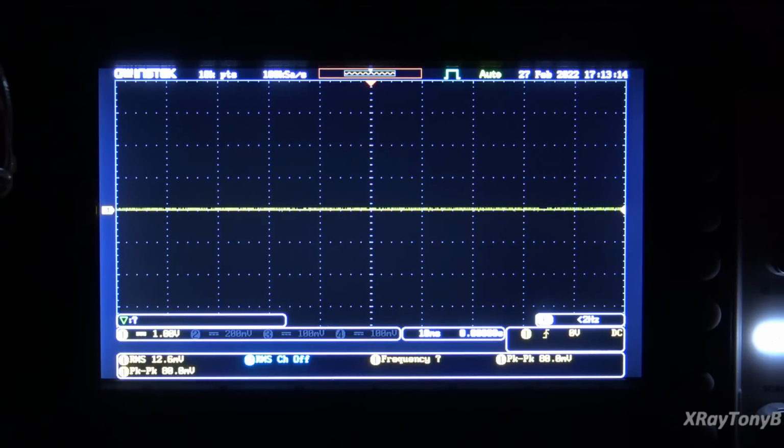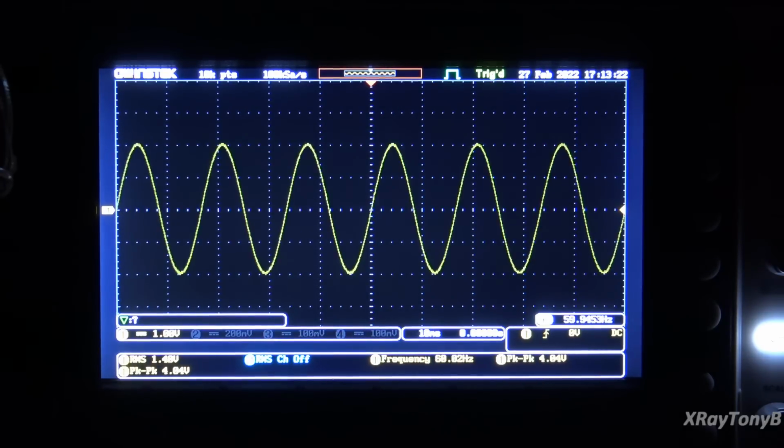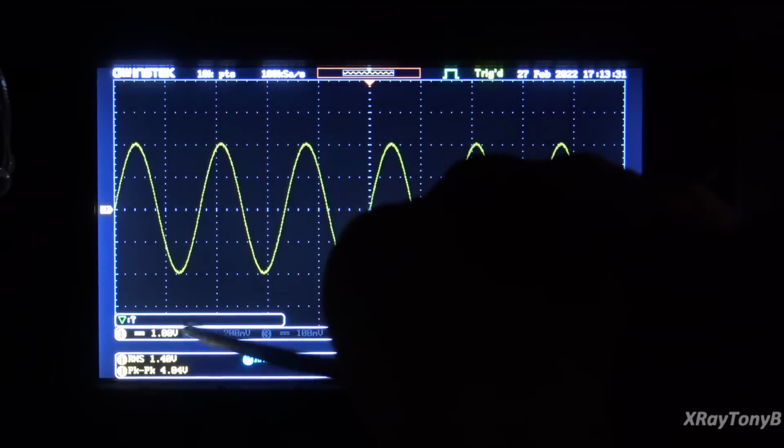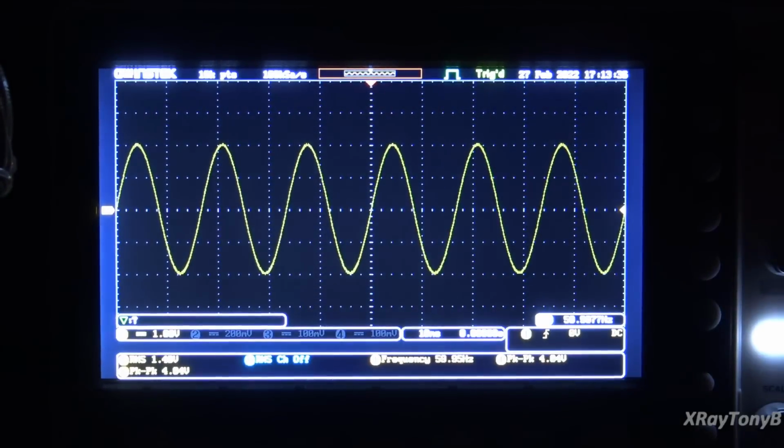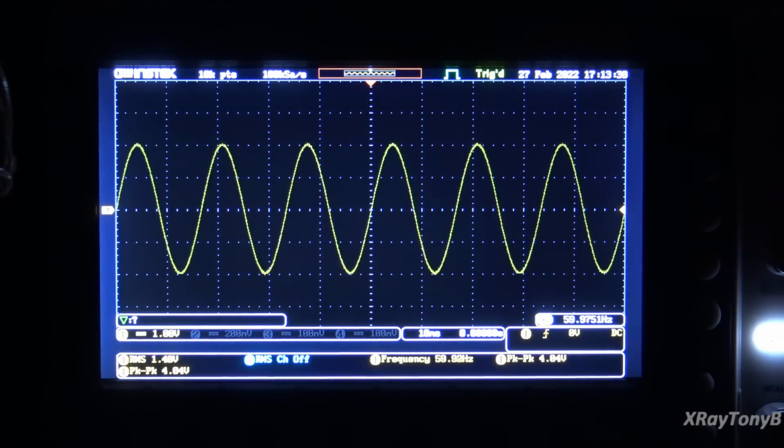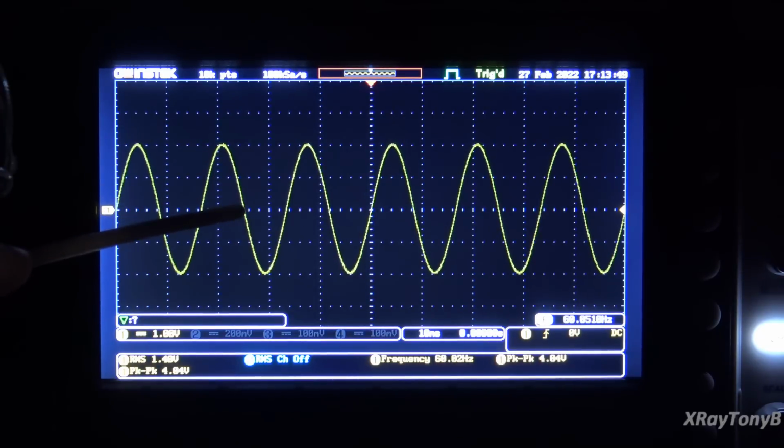So if I turn on a signal, this is an alternating current signal. This is an AC signal. And right now, this little indicator here tells us that each graticule represents 1 volt. So you can see this goes from 0 to 1, 2 volts. So that goes up to 2 volts. Then it goes back down to ground, where it's 0 volts.